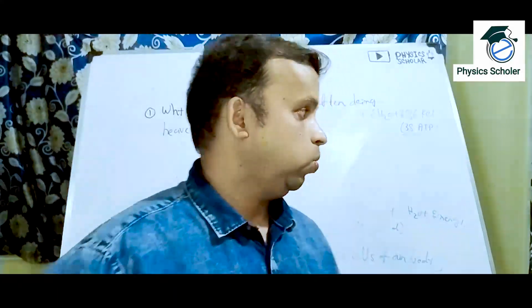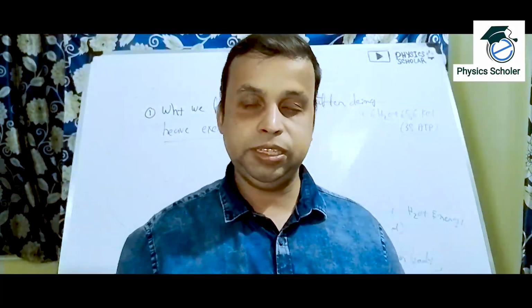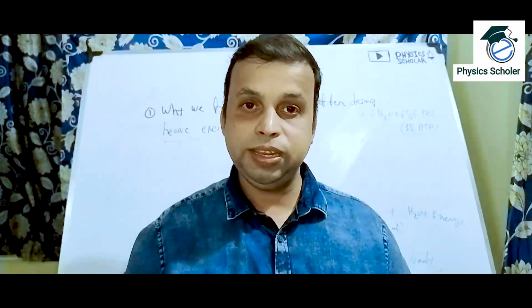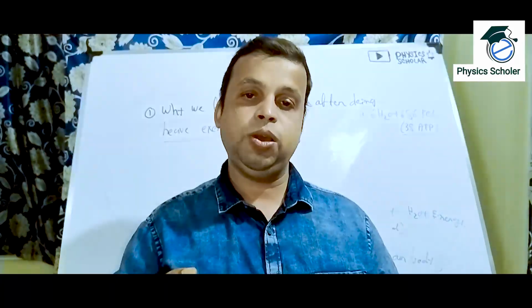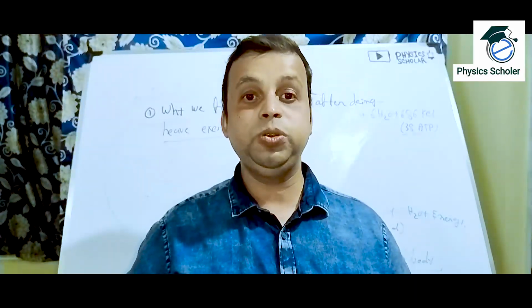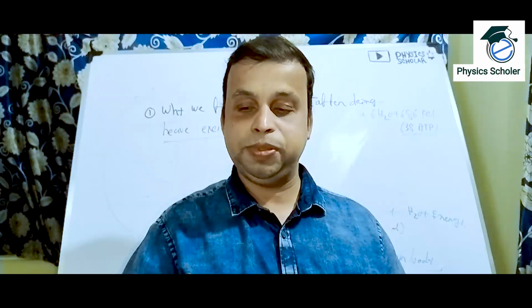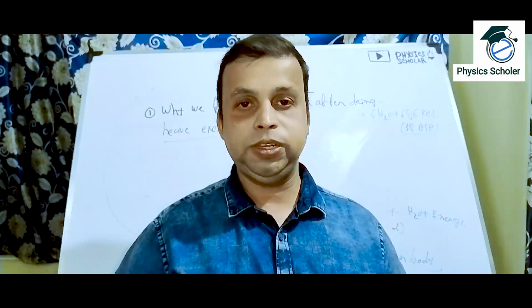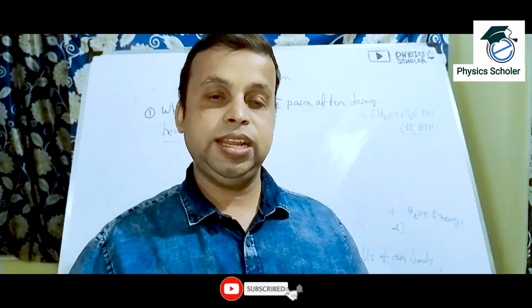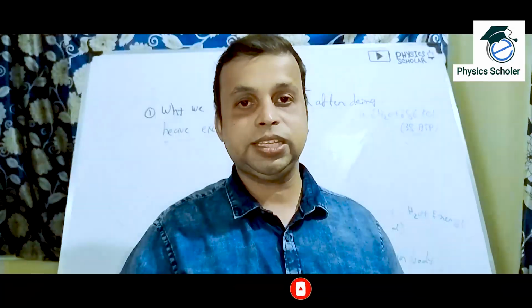I am explaining once again, a very common question for the examination. Why will our muscles be cramped after doing some heavy exercise? The answer is that if we do heavy exercise, our muscle cells will not get the required amount of oxygen. In the absence of oxygen, anaerobic respiration will take place, and due to this the lactic acid will be produced, and due to the lactic acid there is muscle cramp or pain.